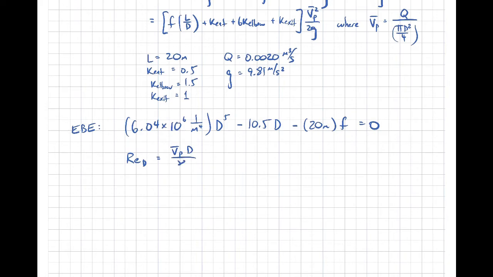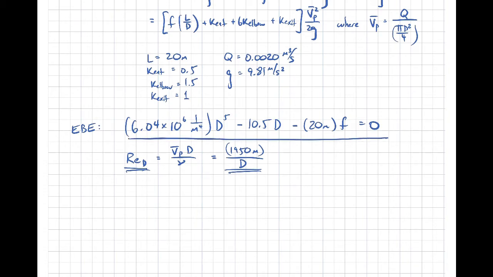Substituting in for the velocity in the pipe in terms of the volumetric flow rate and the diameter, and using the given kinematic viscosity from the problem statement, we get the following expression for the Reynolds number. Okay, so we have that expression. Let me underline these equations because we're going to refer back to them.